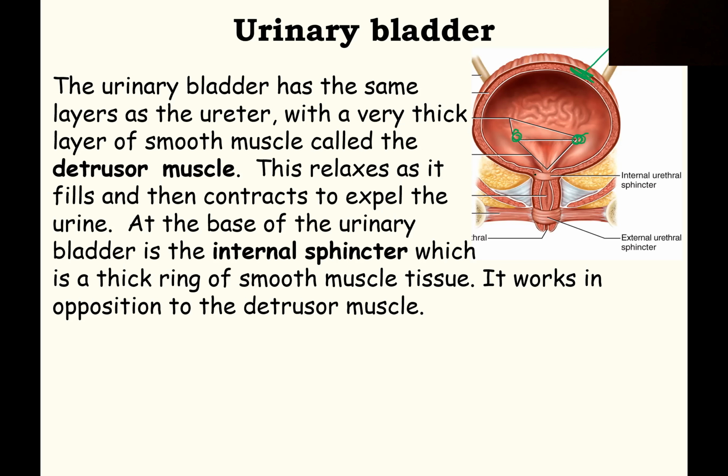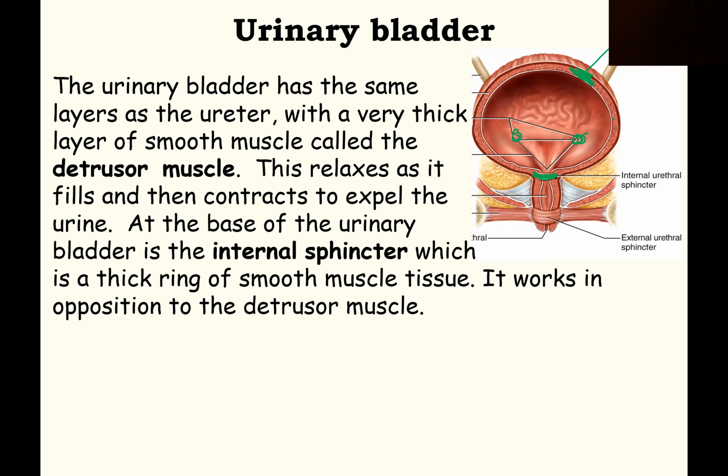There's also an internal sphincter at the base of the urinary bladder. It's a thick ring of smooth muscle tissue. This smooth muscle tissue works in opposition to the detrusor muscle. So as the urinary bladder is filling, the detrusor muscle is going to relax.